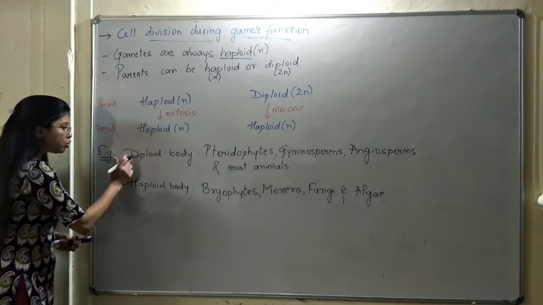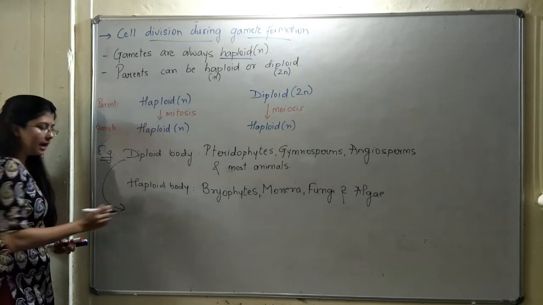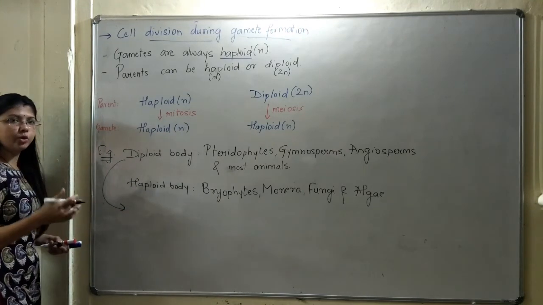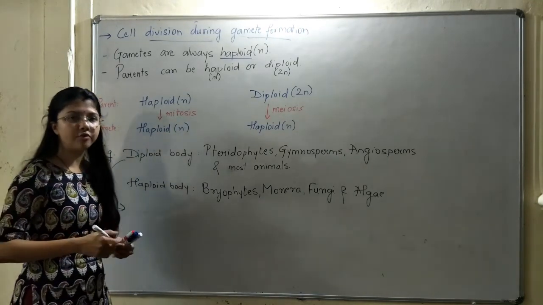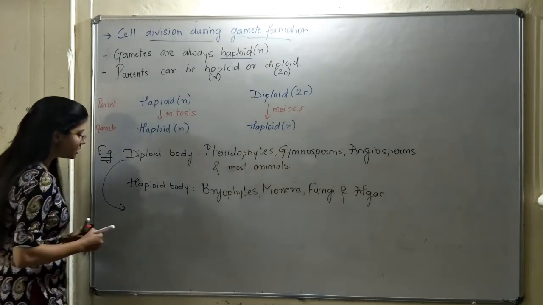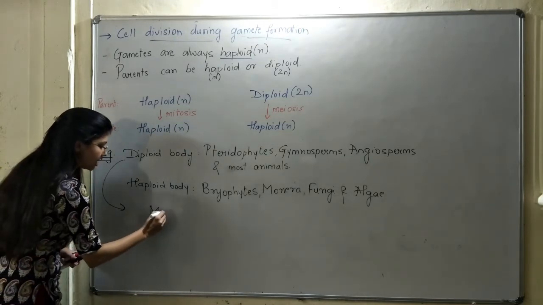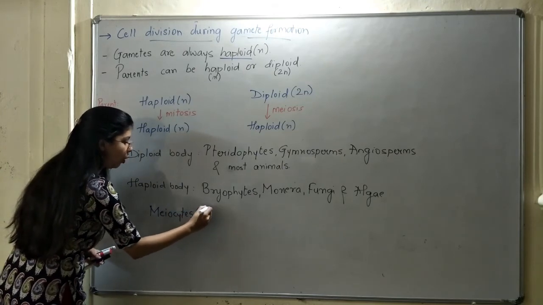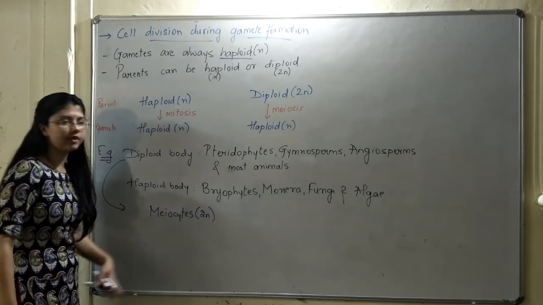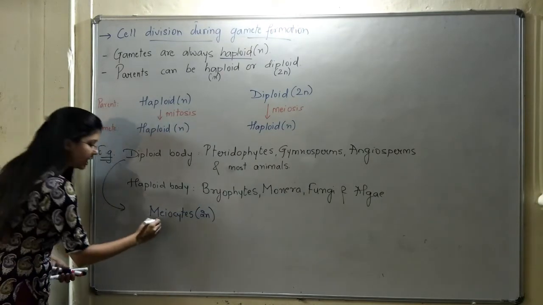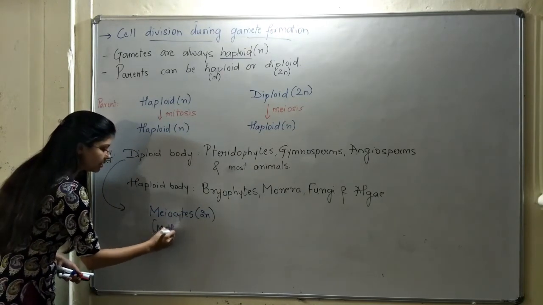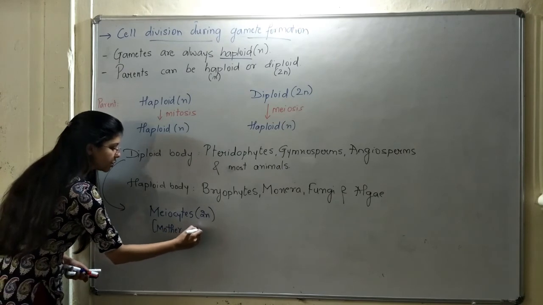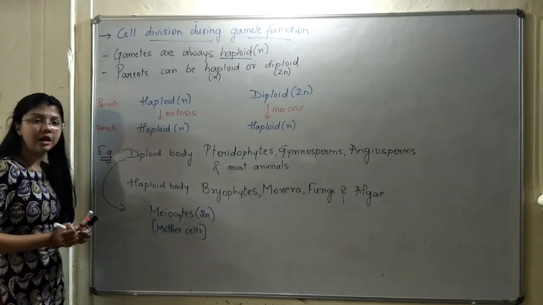Okay. Now, when you talk about these diploid-bodied organisms, the cells which are involved in the formation of the gametes are called meiocytes. And since these are the cells involved in formation of gametes, of course they will be diploid. You can say that these are the mother cells, as in the cells responsible for formation of the gametes.